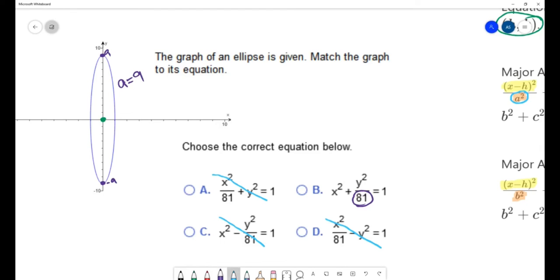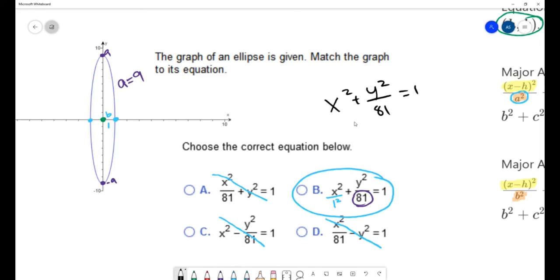I haven't mentioned B yet. Now B is the distance between the center and the shorter side, and that's a distance of 1, and that's why we have a 1 squared underneath the x squared there. So in this example, we get x squared plus y squared over 81 equals 1 as the equation of the ellipse.